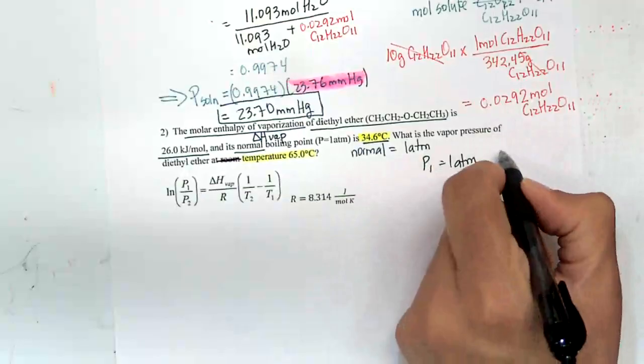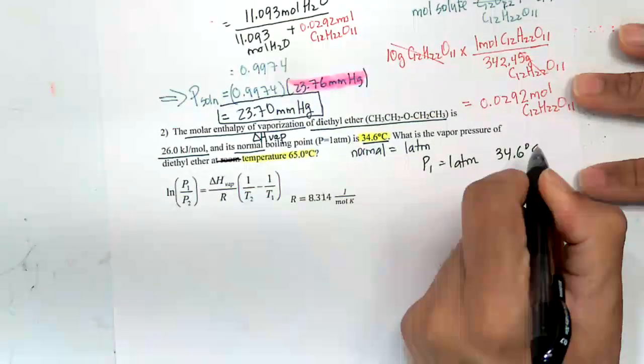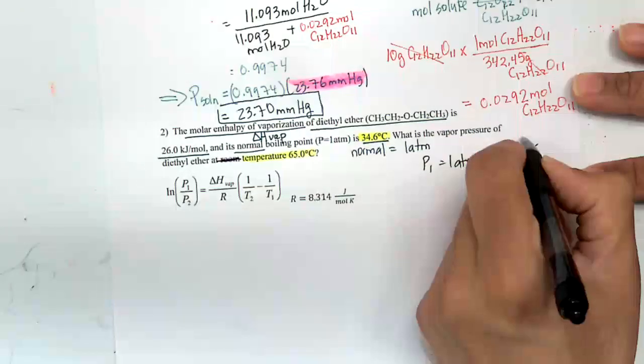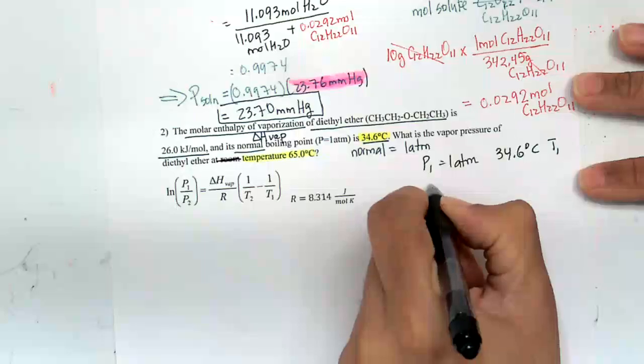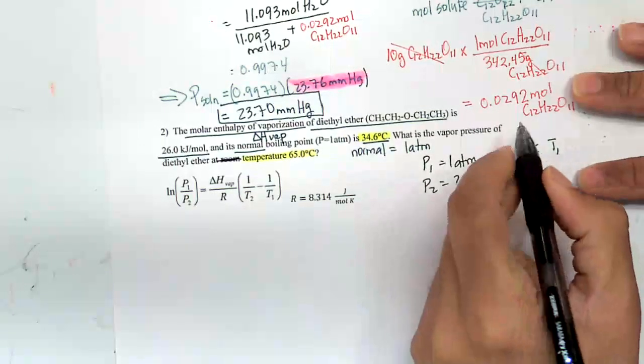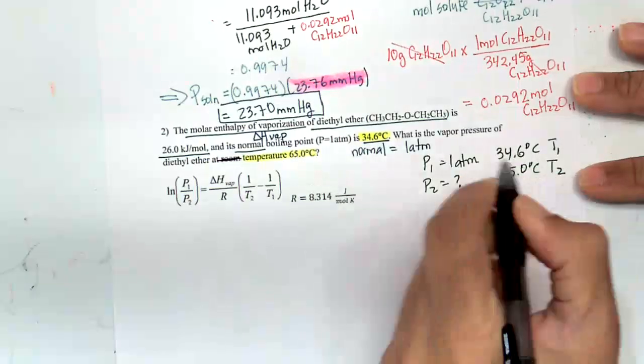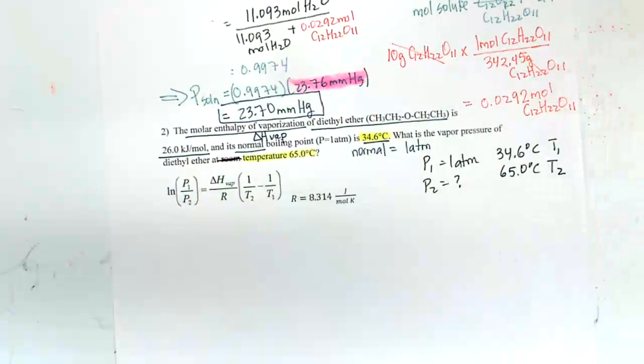That vapor pressure exists at a temperature of 34.6 degrees C. We'll call that T1 and P1. And then they want the P2 at a new temperature, which is 65.0 degrees C. Okay, so this is what we are tasked to find.